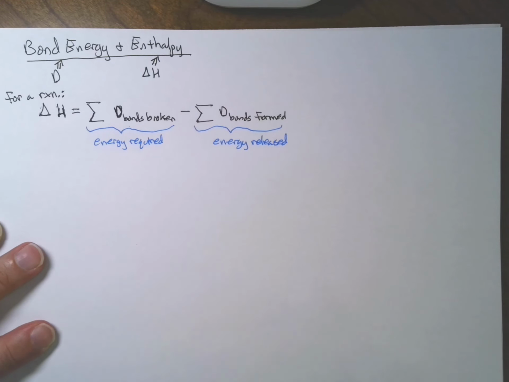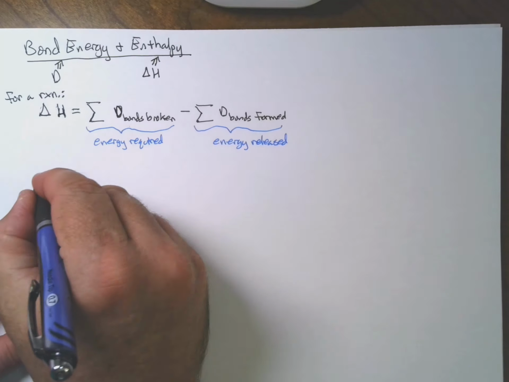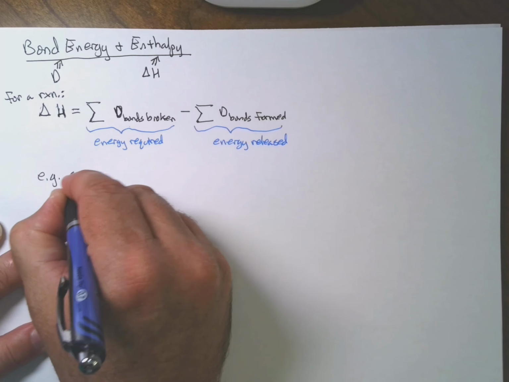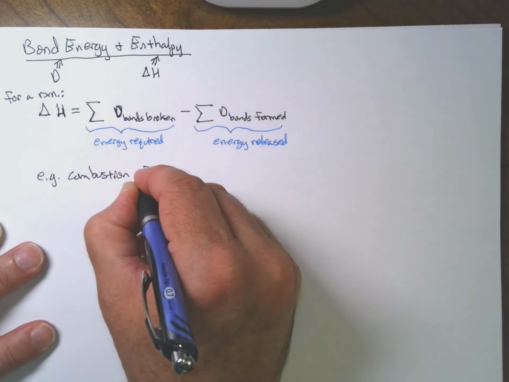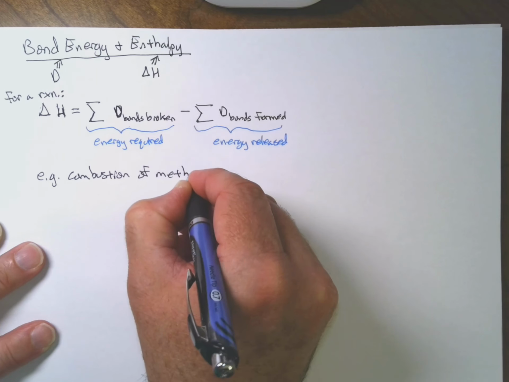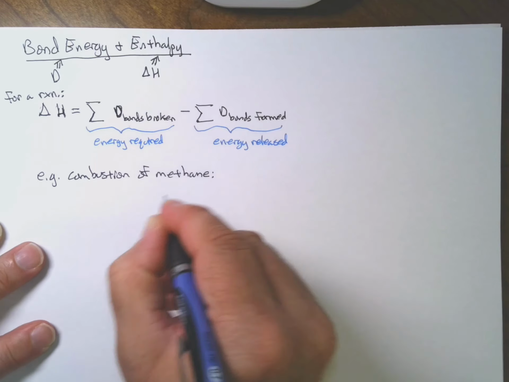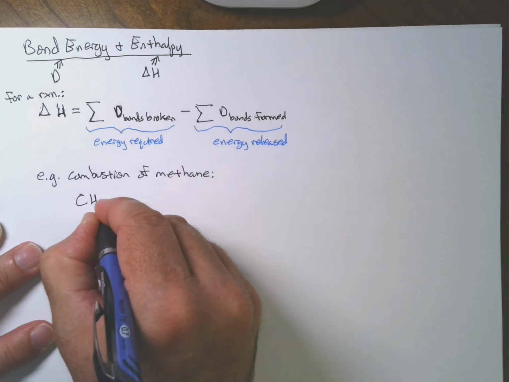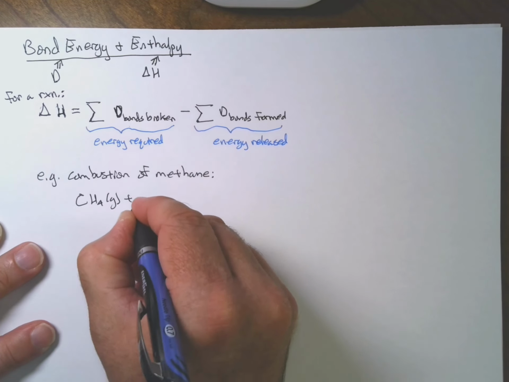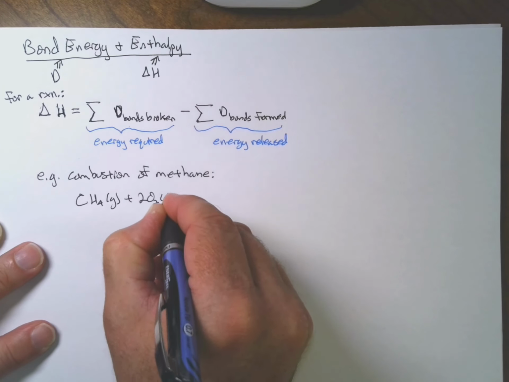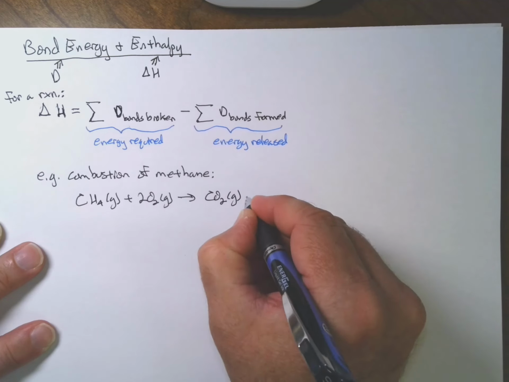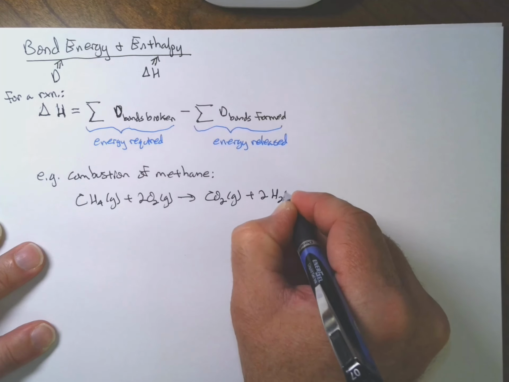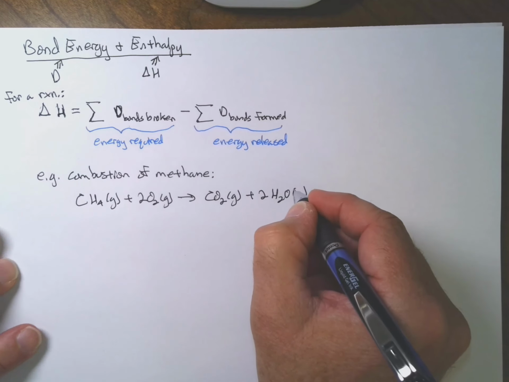So for example, we could look at the combustion of methane. We have CH4 gas plus 2 O2 gas goes to CO2 gas plus 2 H2O gas.